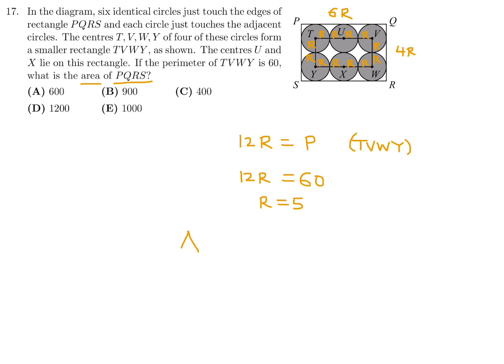So the area of PQRS will be 6R times 4R. That's 24R squared. R is 5, so 24 times 5 squared, 24 times 25, and that is 600. So, number 17, the answer is A.